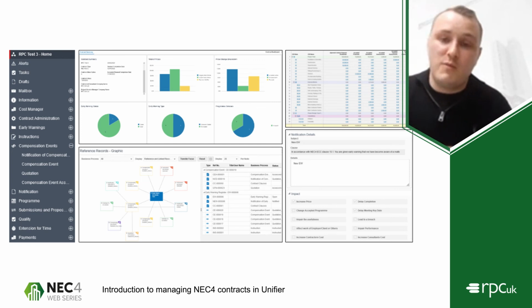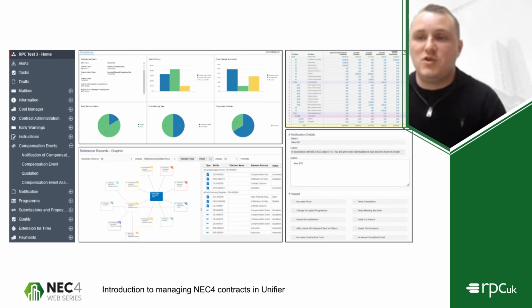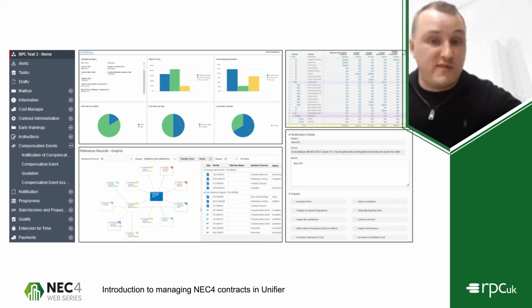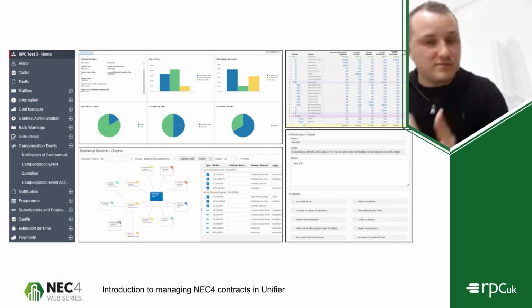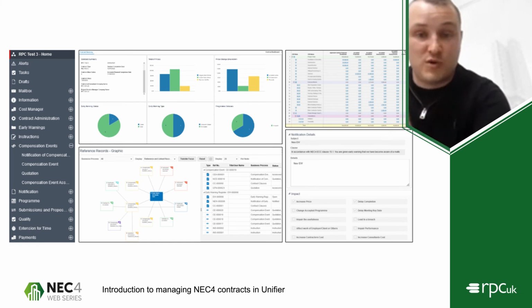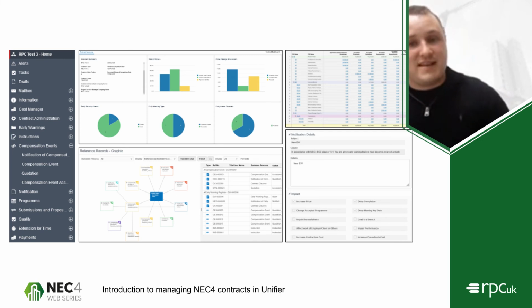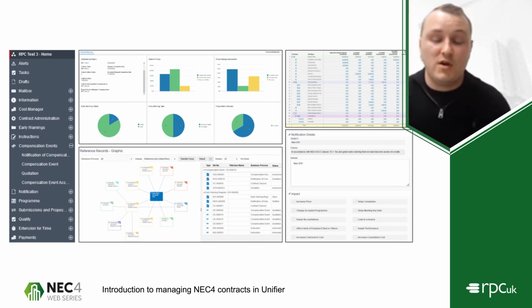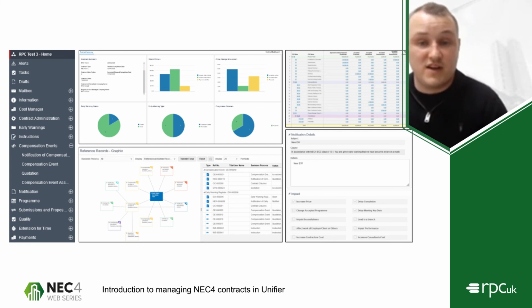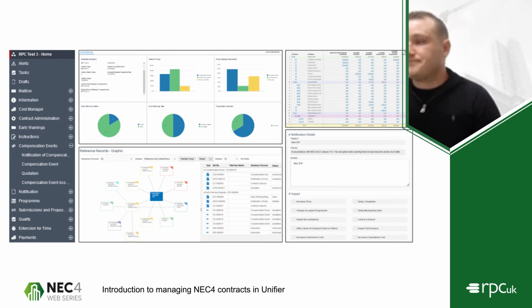And obviously, if you bring in any new business processes, say for instance you wanted to bring in a new process for disputes, or a new process for a performance improvement plan, so not necessarily NEC processes, all of those can be configured in the system, and that data is then available to you for your dashboards and reports. And it's not something a developer will need to go in and configure for you. Once that's configured in the system, you can go in there and configure those yourselves.